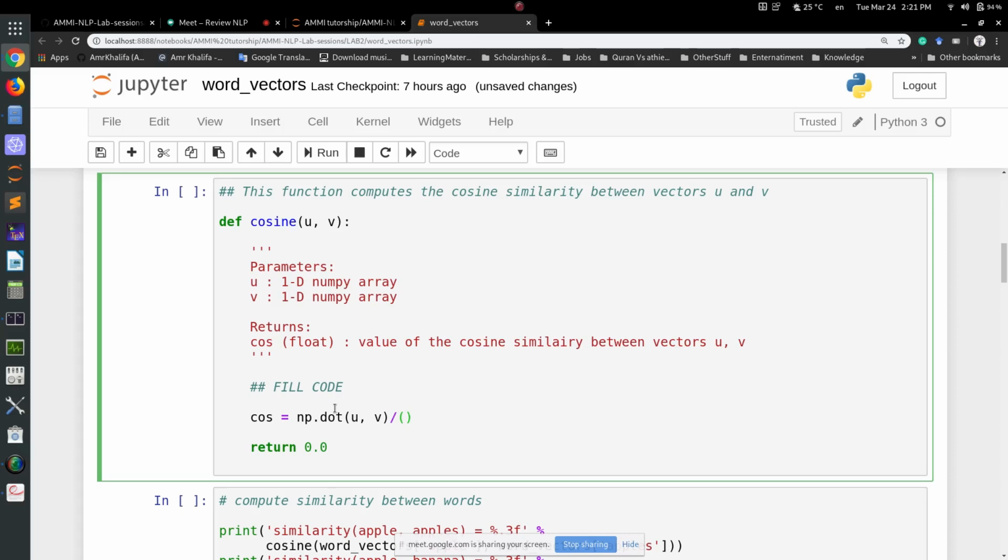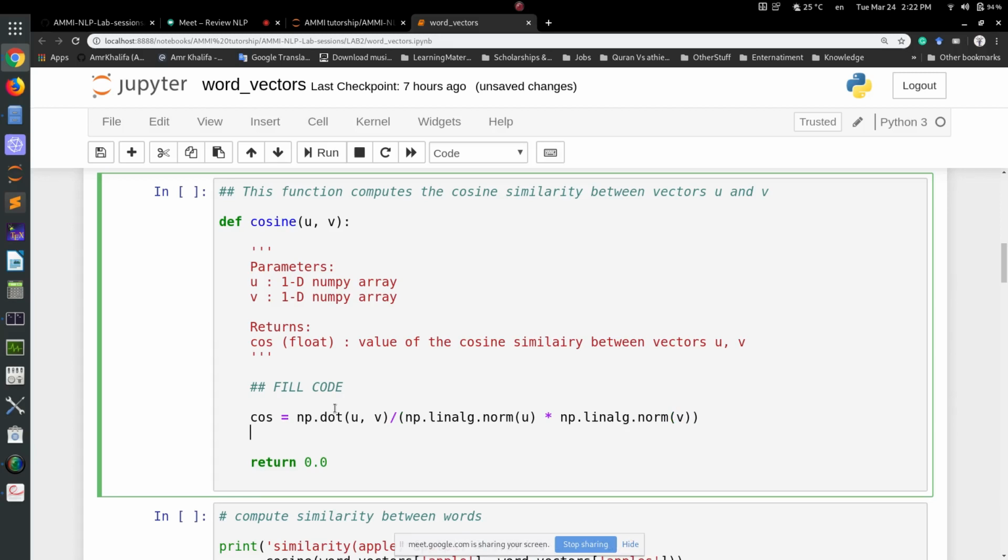To find the norm of the vector, we're going to use the NumPy function norm, which is in the linear algebra module, linalg. So np.linalg.norm, that's the L2 norm of a vector. np.linalg.norm of v, and then we're going to return the cosine.